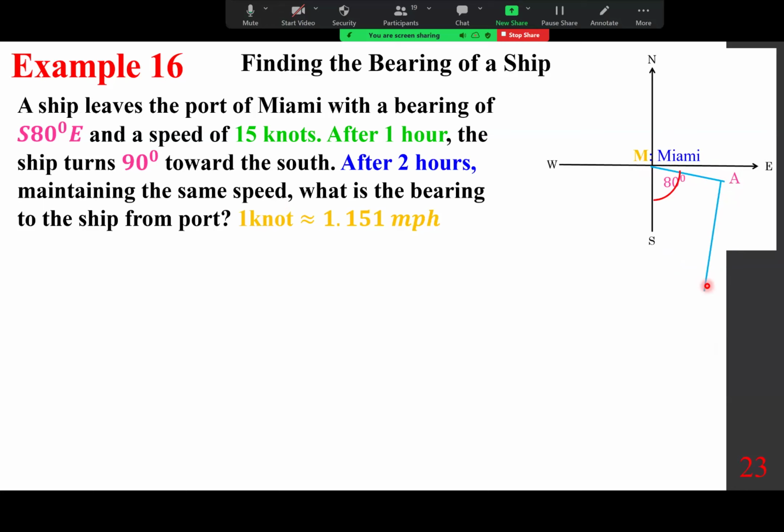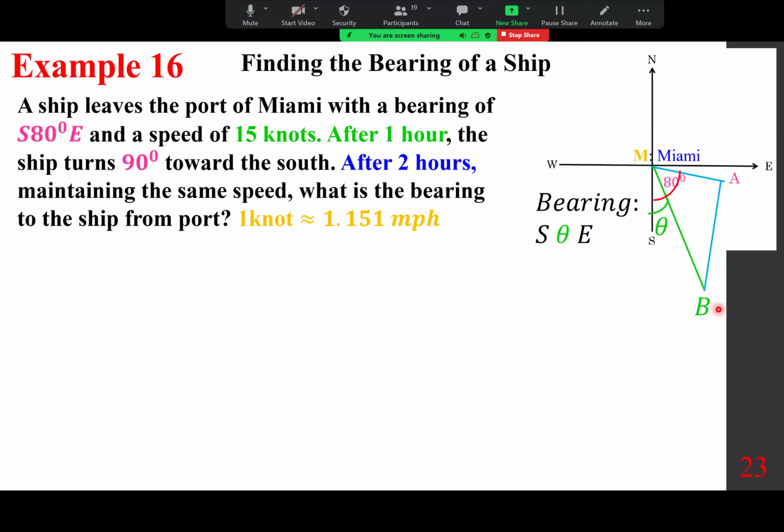And at 2 hours later, we are at point B, and we want to know the bearing now for point B, which is simply south, whatever this angle is, B, and this angle, let's call it theta, so would be south, theta B. Which means if we find theta, we are in good shape.